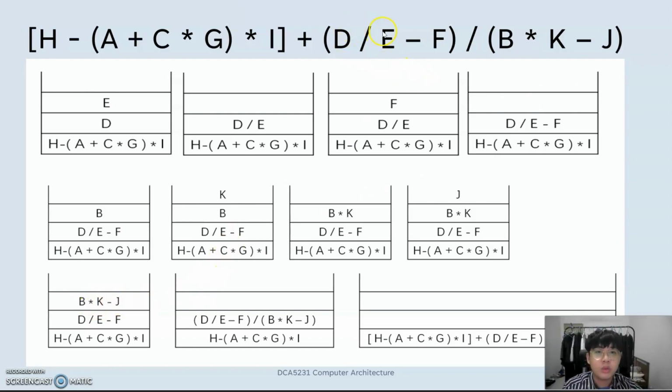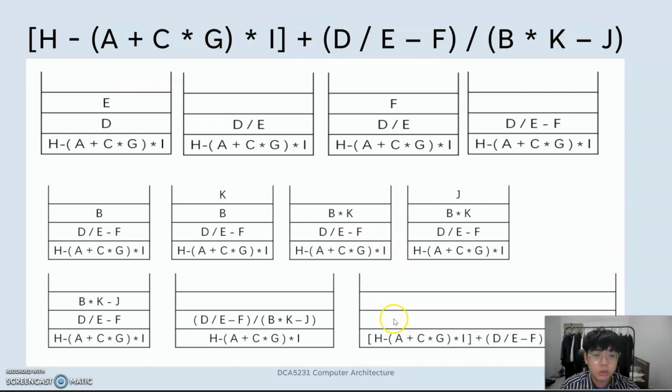Then we need to combine part 2 and part 3. We do the divide first, so we push the operator divide. The answer is D divided by E minus F divide B multiple K minus J. In this case, we need to put the plus lastly.